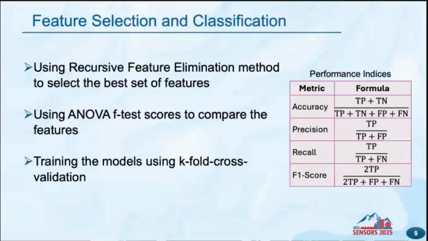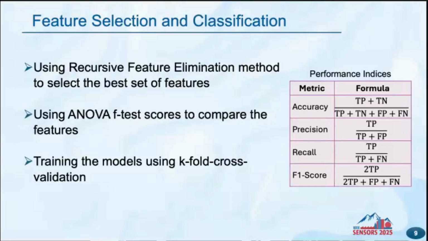And next, please. So after extracting these two main features from our participant dataset, we selected the most important and relevant features using the recursive feature elimination (RFE) method, as well as using the ANOVA F-test score to score the features and choose the best set of features for the final classification.